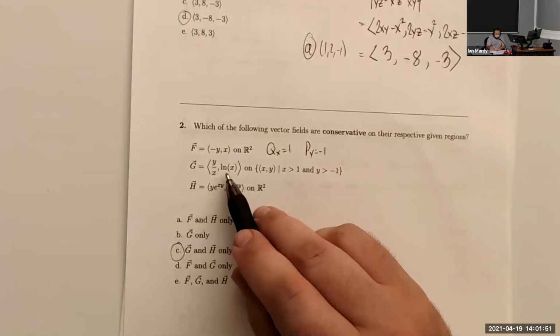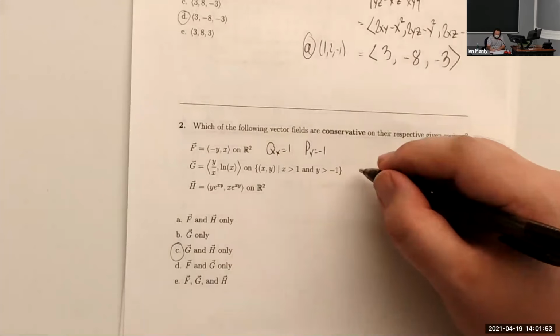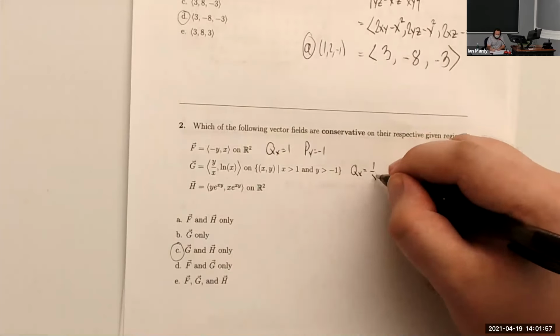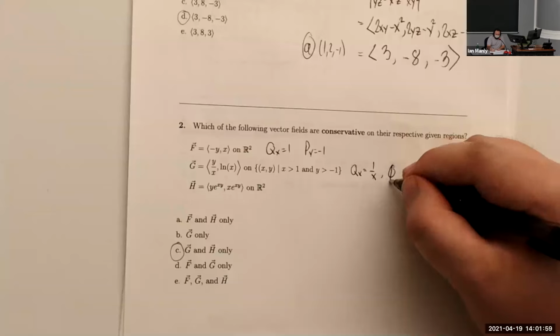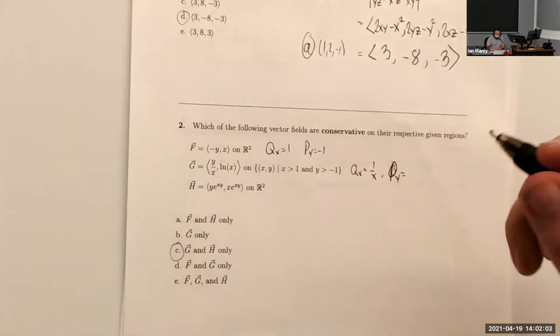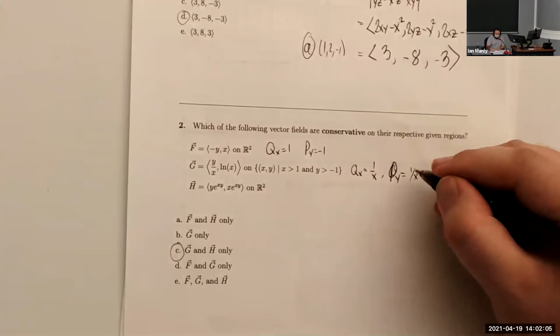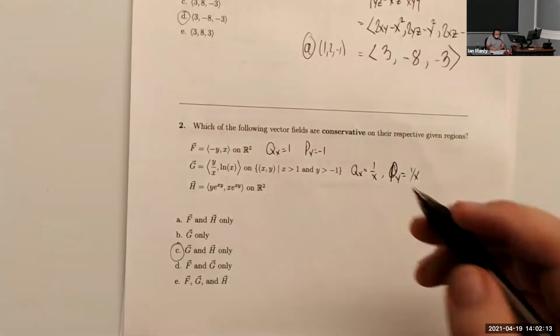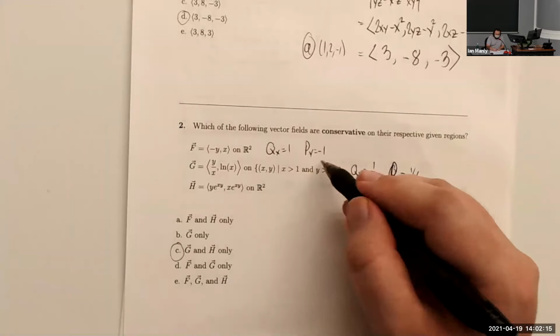All right, let's take a look at G here. For this one, q sub x is 1 over x. And p sub y, I do the y derivative of this, and I have 1 over x. These are the same, but remember, those being the same is not necessarily going to give us a conservative vector field unless this is a simply connected domain.